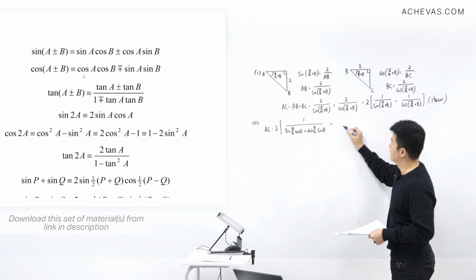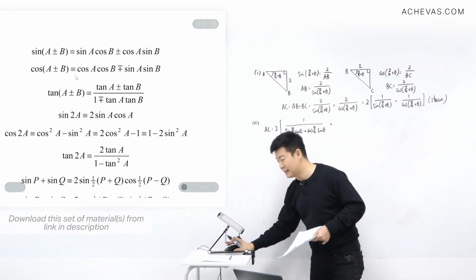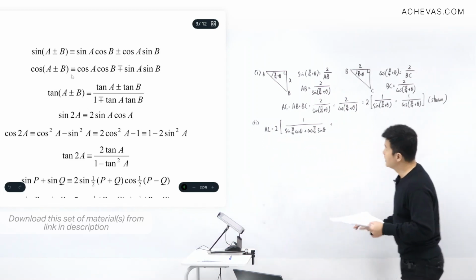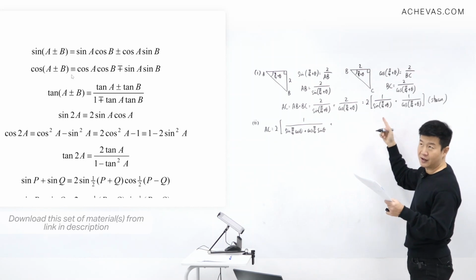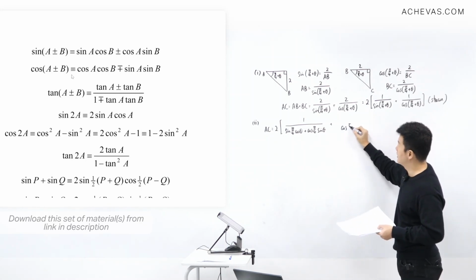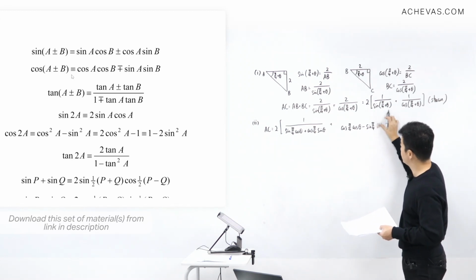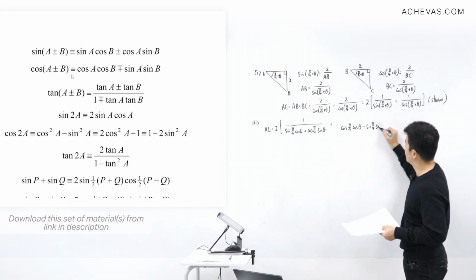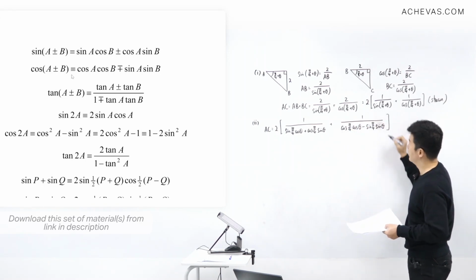Then plus, for the second one, I'm going to make use of the second identity, which is this one over here. This tells me that cosine of A plus B is going to be cosine A cosine B minus sine A sine B. So we have cosine pi over 4 cosine theta minus sine pi over 4 multiplied by sine theta. So here we have a sine theta. So it will be 1 over this.